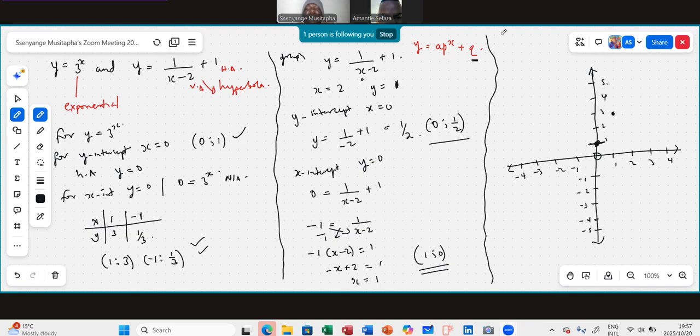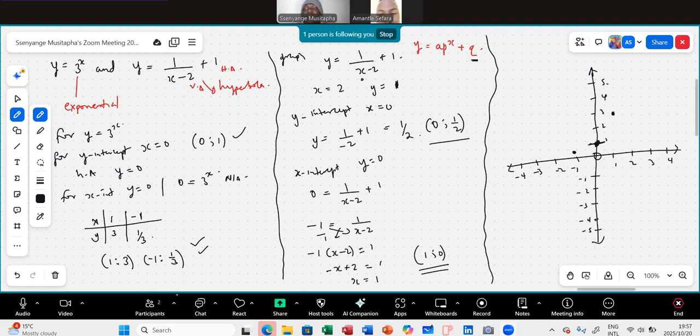Then what else? It's negative 1 on the x-axis and a third on the y-axis. This is close to 1, somewhere here. Oh, it's 1 over 3, which is a bit somewhere there since it is a sketch.